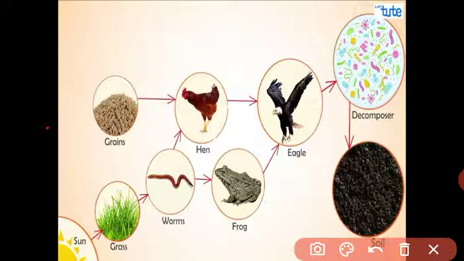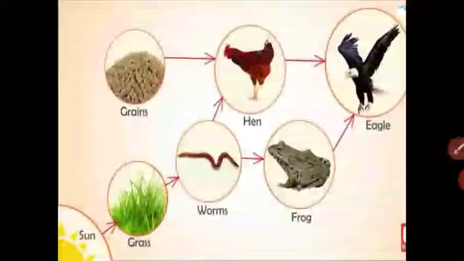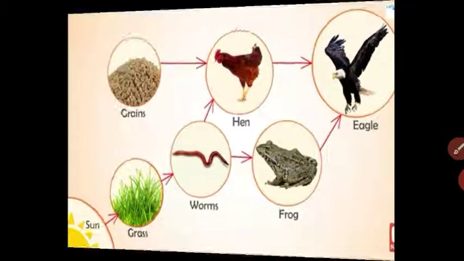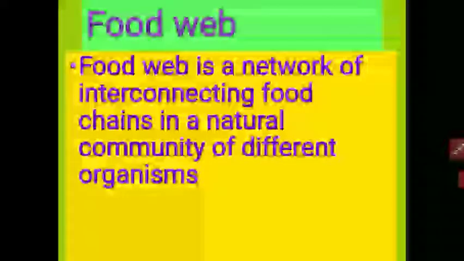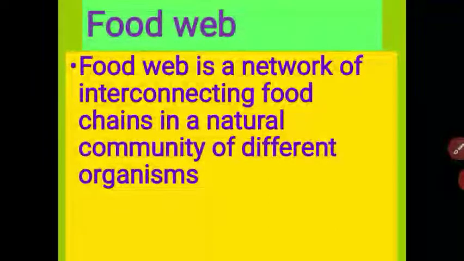Let us revise the definitions. A food chain is a series of organisms that eat one another, resulting in the flow of energy from one organism to another. And a food web is a network of food chains that are interconnected to each other.